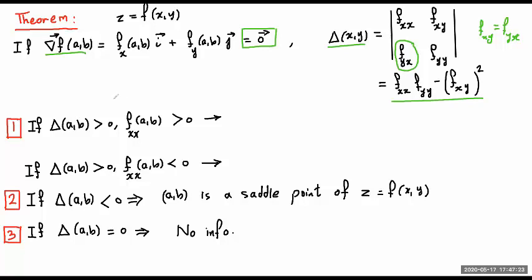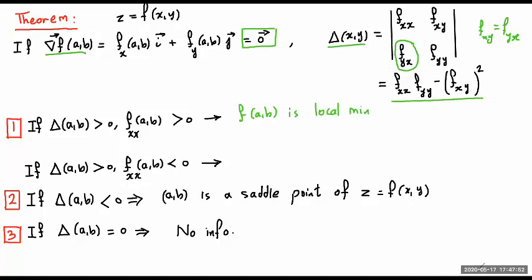Now, the theorem says that if delta is positive, and if the second derivative is positive, then f at (a, b) is a local minimum.